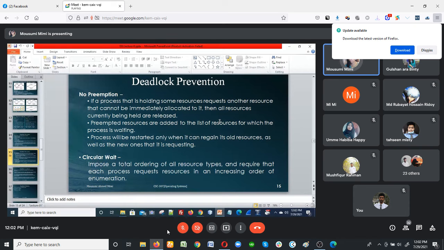Preempted resources are added to the list of resources for which the process is waiting, and the process will be restarted only when it can regain its old resources as well as the new ones that it is requesting.